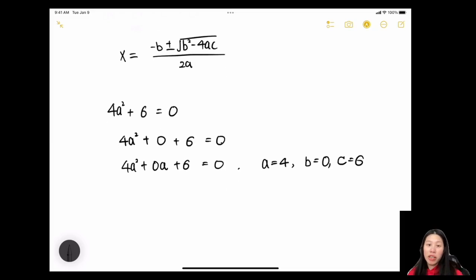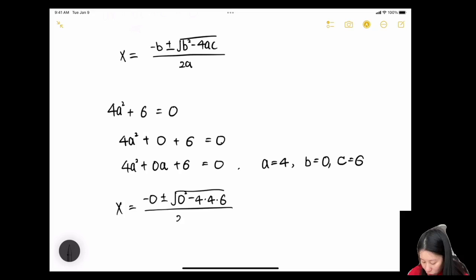Now we can apply the quadratic formula, which is x equals negative 0, plus or minus the square root of 0 minus 4 times a times c, over 2 times 4. Just plug in the numbers.